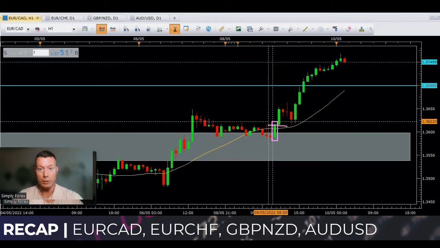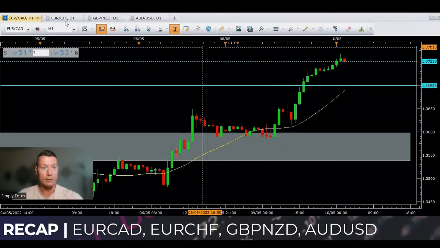I entered on the close of this candle and put my stop here. Once it reached about 1:1, which was around here, I closed 80% of the trade and left 20% to run up to this blue line. It even had more room to move up into, but we were very happy with this. I closed 80%, then the remaining 20% at the blue line. Great trade, great profit. I hope you took this trade.